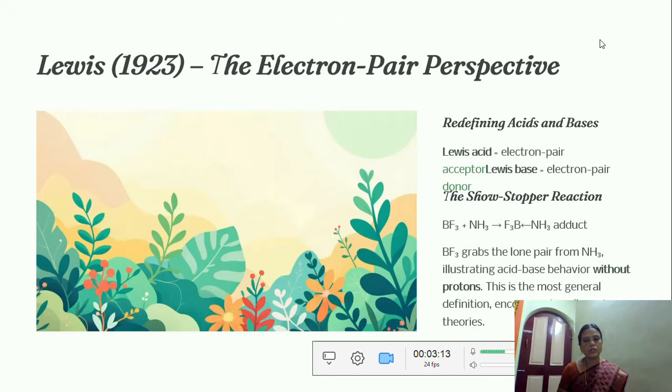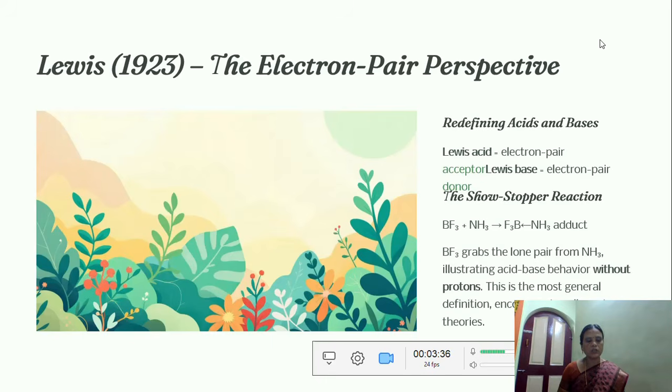The example for this concept is BF3 and ammonia. When these two react, BF3, which is an acid, accepts a pair of electrons from ammonia, and NH3, since it donates a pair of electrons to BF3, behaves as a base, and together they form an adduct.